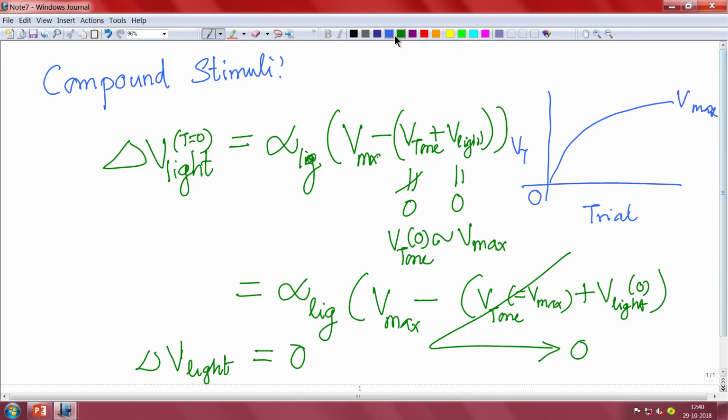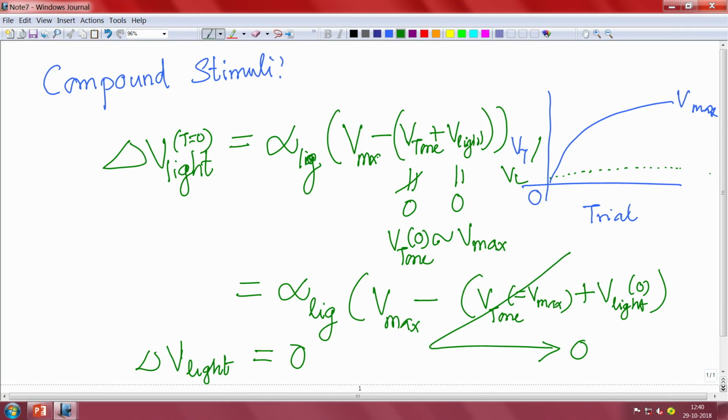However, if you were to measure V light, you will see that no matter how many trials you give in the form of the compound stimuli, it is exactly going to remain like this.